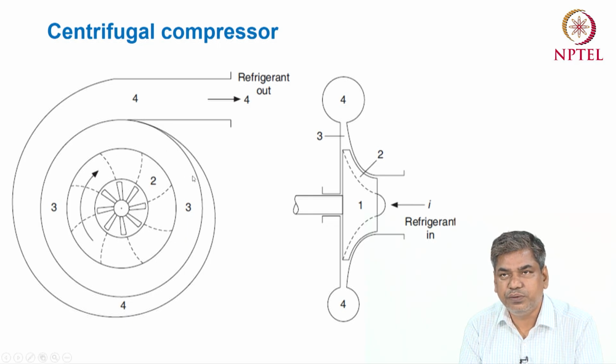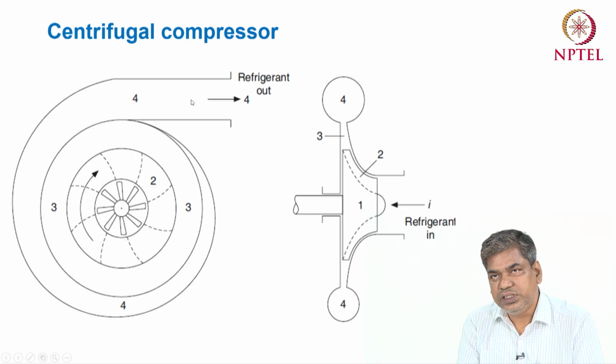In this diffuser portion the kinetic energy of the refrigerant vapor is again converted to pressure energy, and zone 4 is basically the outlet of the refrigerant from this centrifugal compressor.